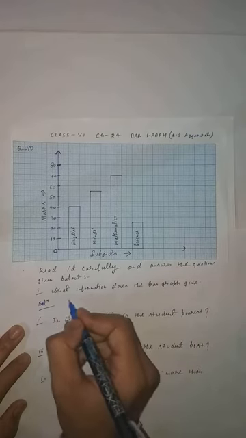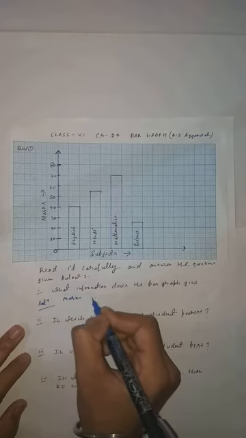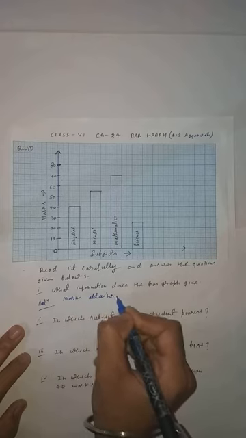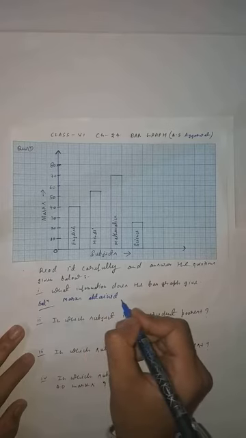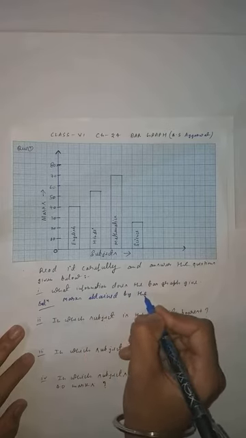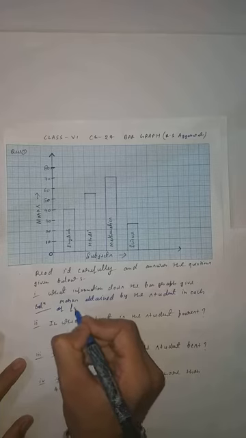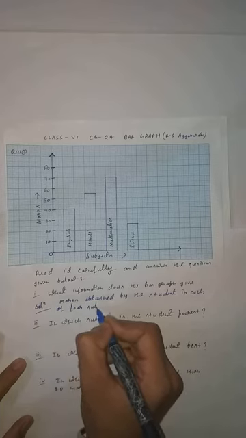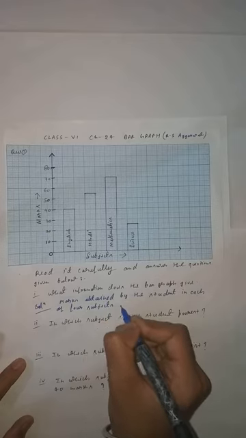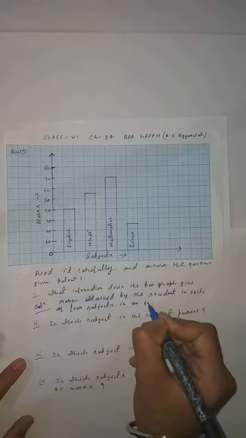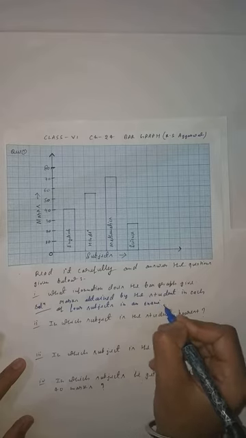So you will write: marks obtained by the students in each of 4 subjects in an examination.